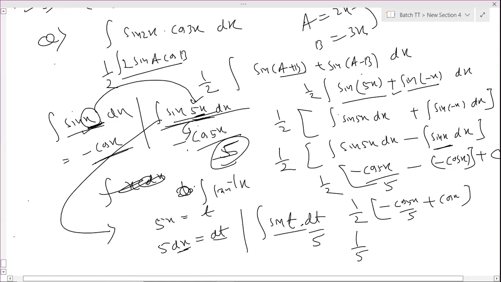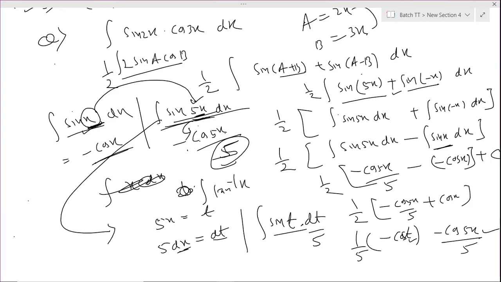Integration of sine t is minus cos t, and putting the value of t back, we get minus cos 5x upon 5, right? Please note it down, everyone.